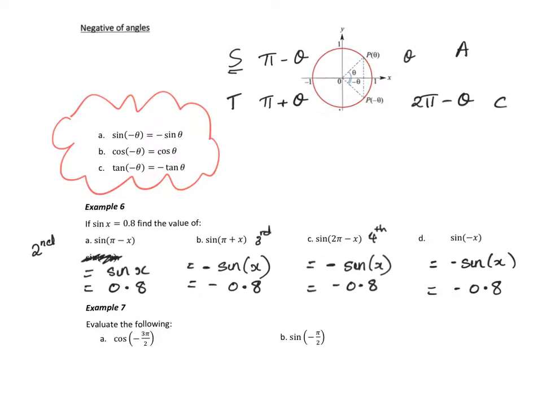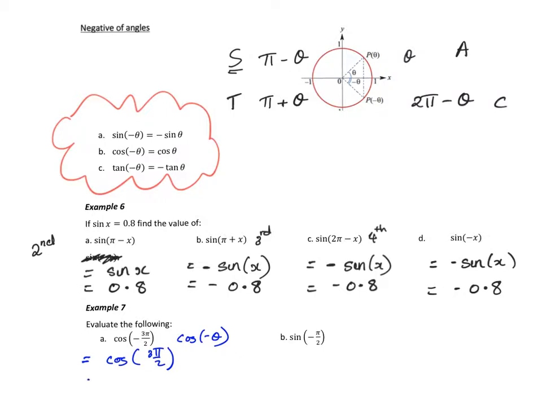The next example asks us to evaluate. Again, we're looking at the symmetry here, and we're also looking at our negative and positive angles. Now, what I've got here is actually cos of negative theta. And so we know that that's the same thing as just cos of theta. So really all I'm looking for is cos of 3 pi on 2.